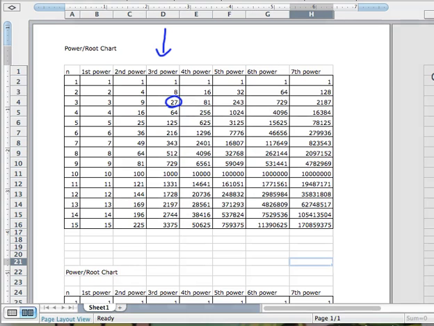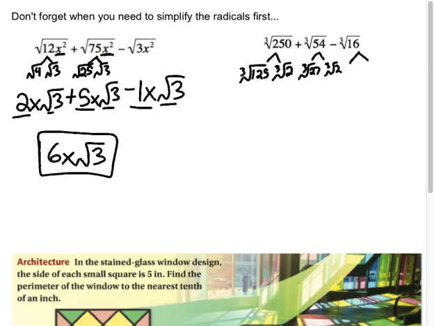Once again, I'm not seeing 16 on my list, but what I am seeing is a number that can divide 16. All right, so I'm going to break this down into cube root of 8, cube root of 2. All right, so I break all of those down.